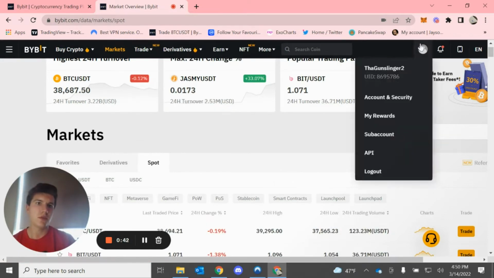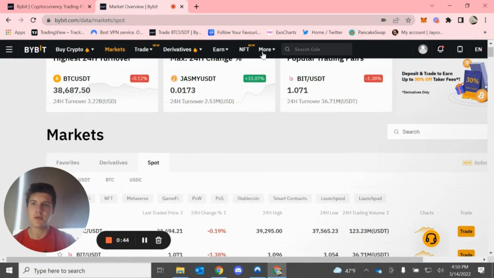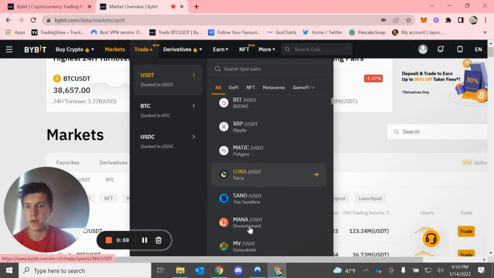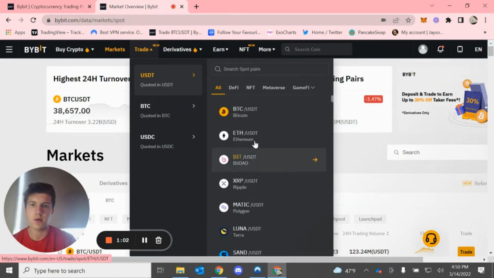Anyways, if you come to the tab up here, you can go to the trade, and this is where it's quoted in USDT. This is mainly the trading pairs that you can use with leverage. This will be quoted in any pair using Tether.